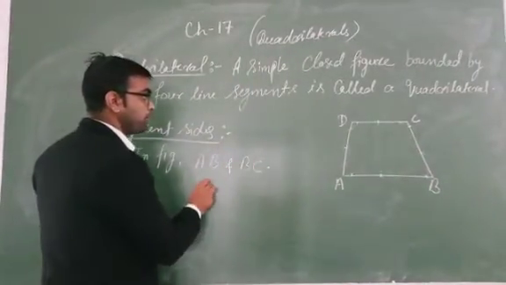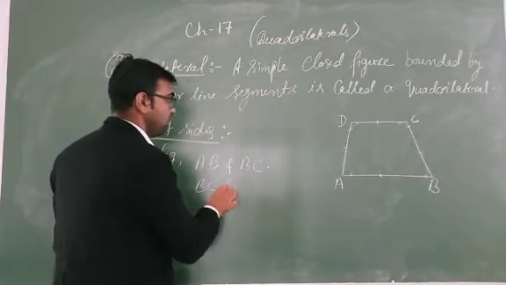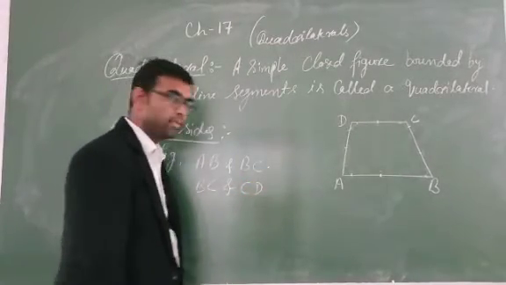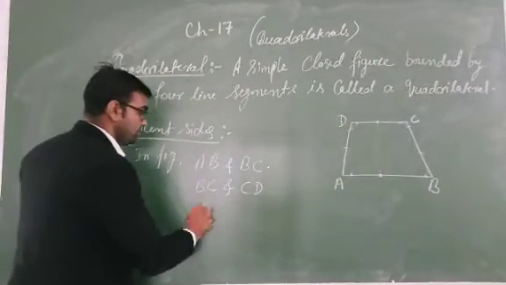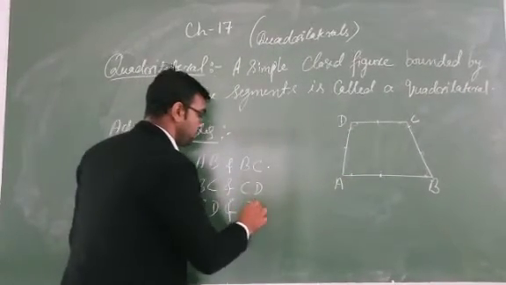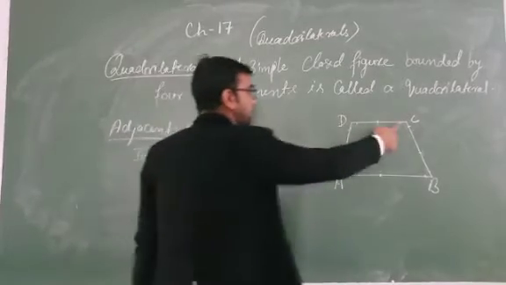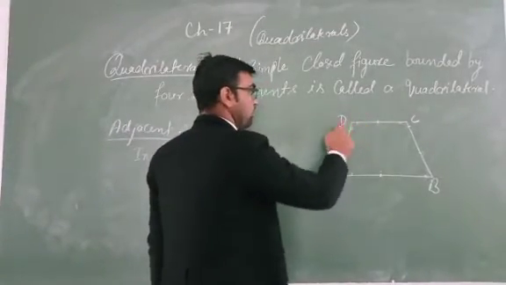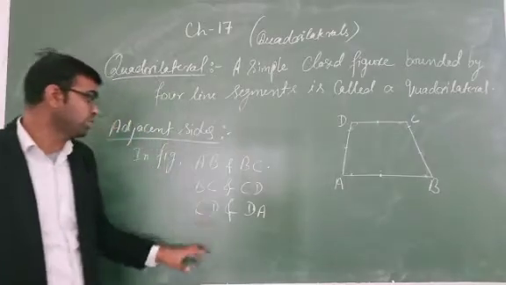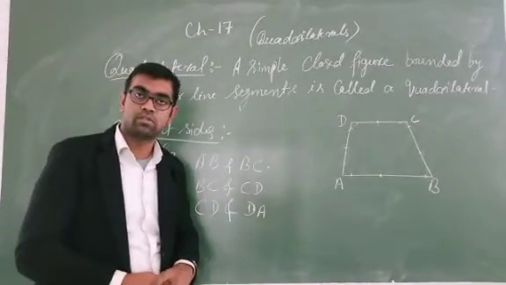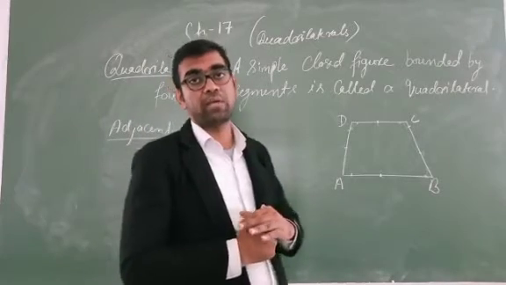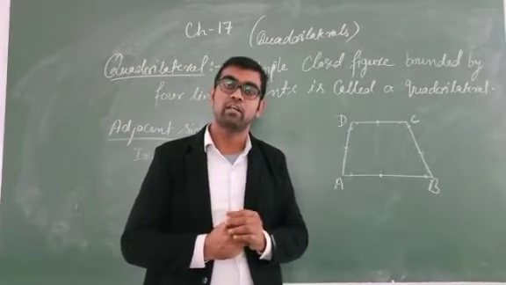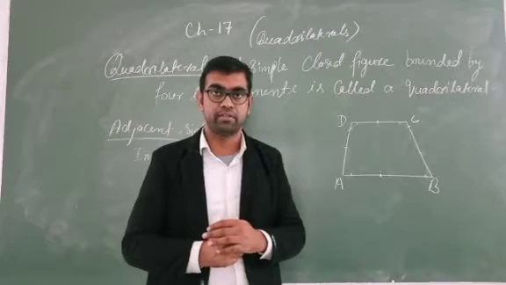Then BC and CD are also adjacent, and then CD and DA, both are adjacent. So these are adjacent sides. I hope it is clear. Two sides of a quadrilateral are said to be adjacent if they have a common endpoint.